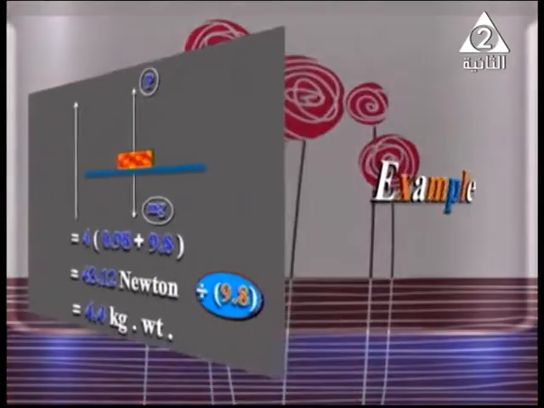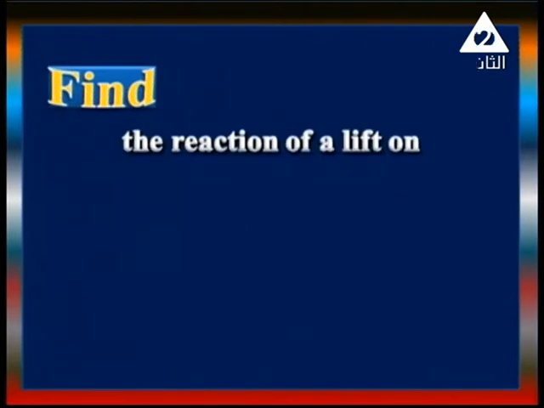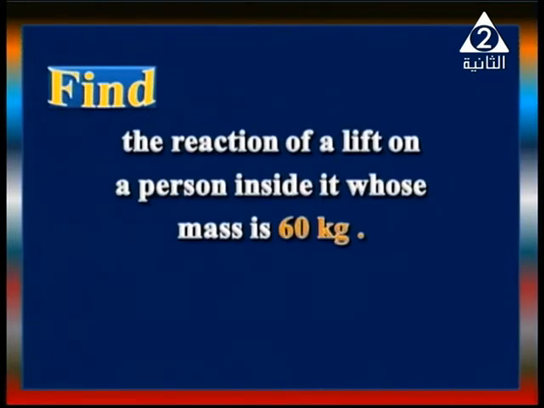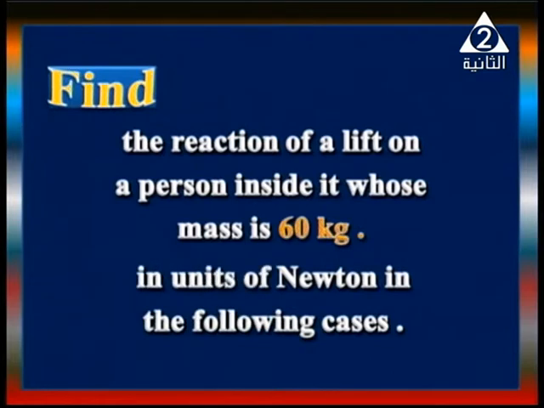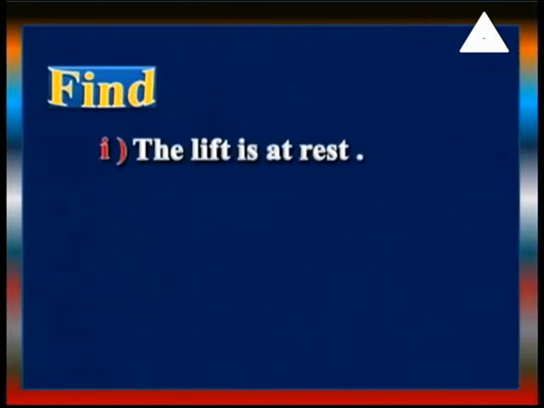My dear student, look at another example. Find the reaction of a lift on a person inside it, whose mass is 60 kilogram, in units of Newton, in the following cases. Number 1, the lift is at rest.